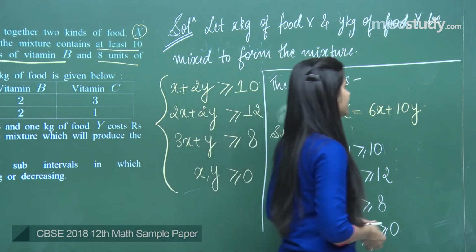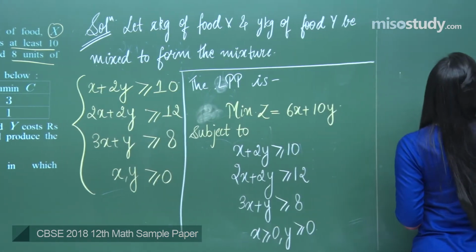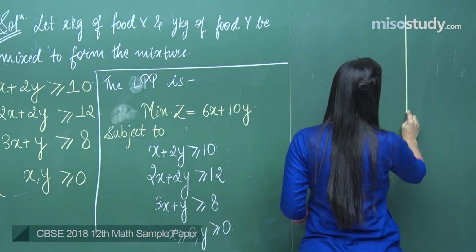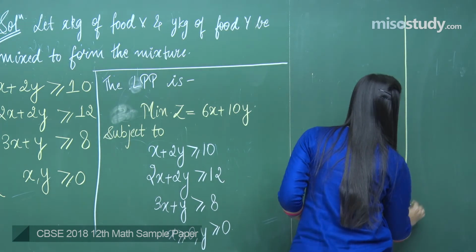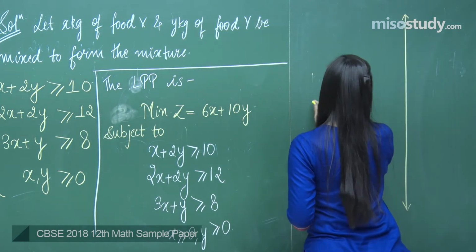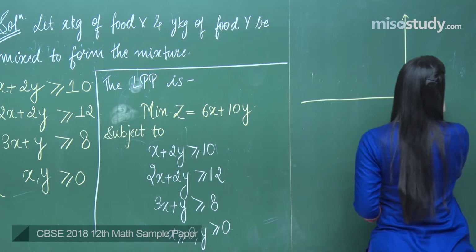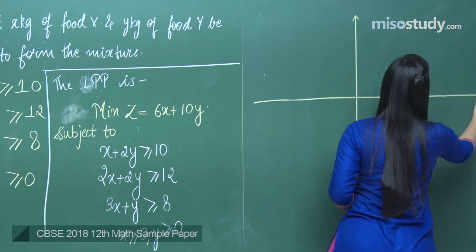So, let's get started with this. I am supposed to plot certain things in order to get the feasible region.